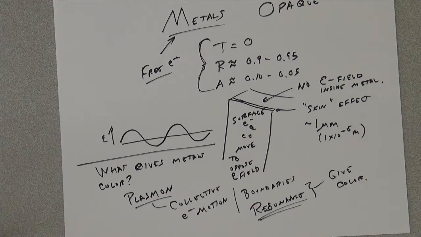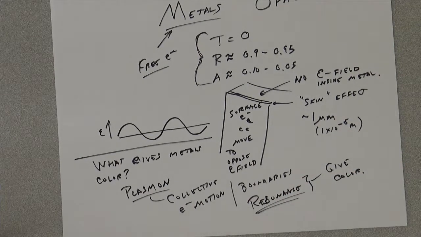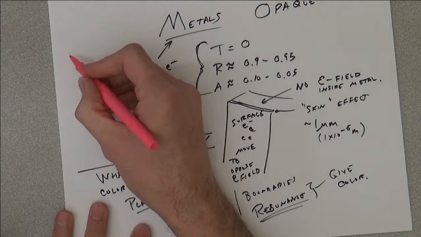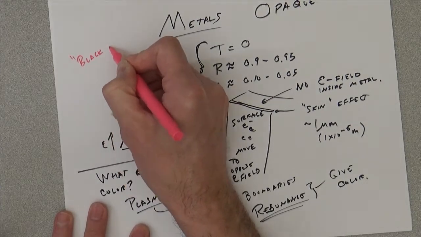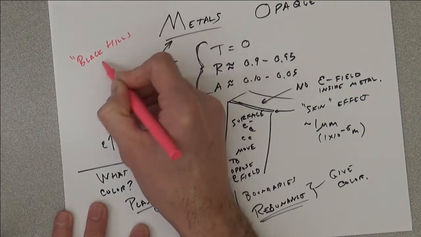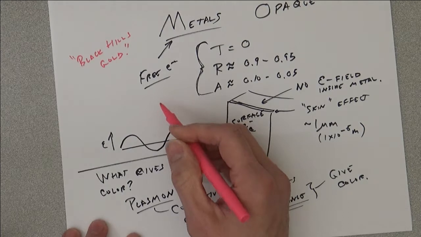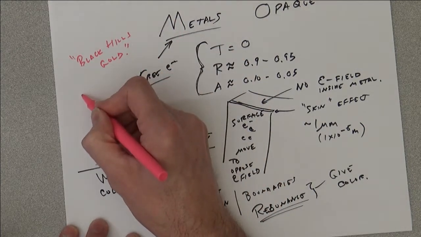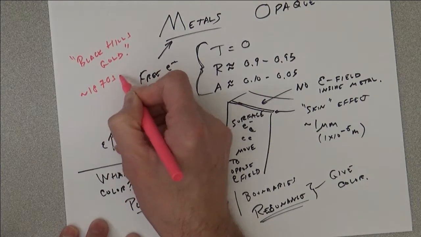And what's neat about this is that you can use this as a method to change the properties. And kind of the best example of that is what's called Black Hills gold. And Black Hills gold first came into popularity around the 1870s.